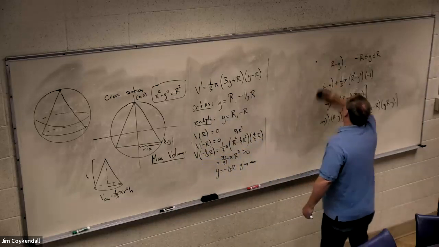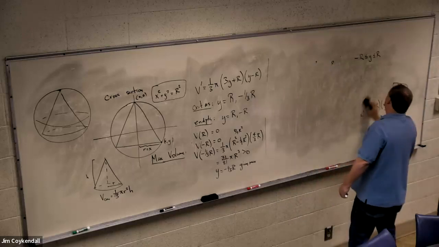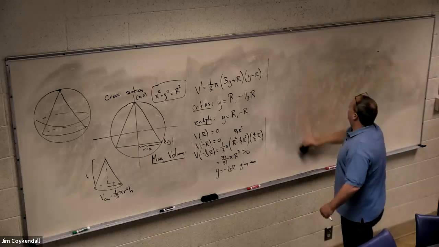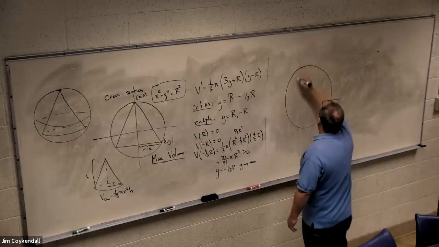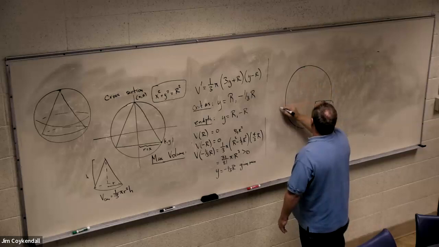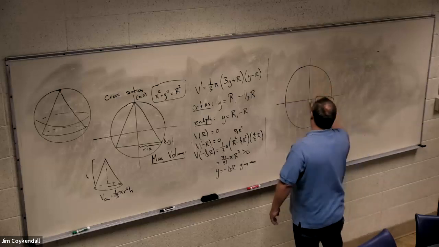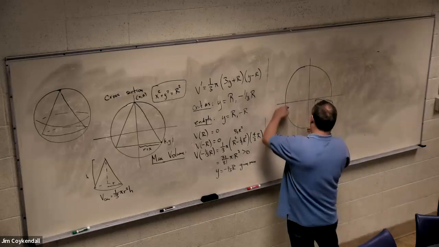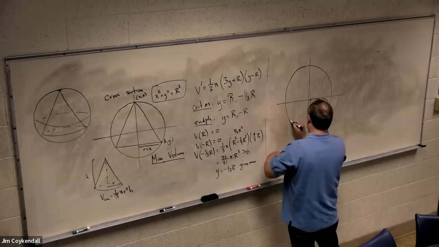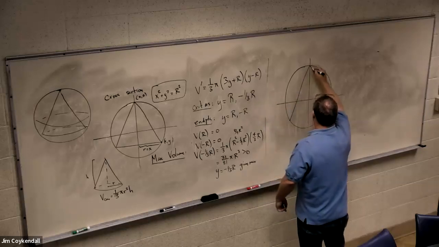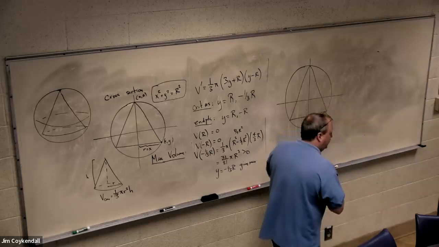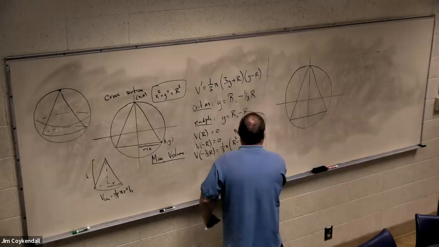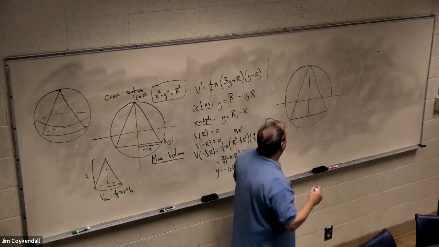And this puzzles me a little bit because of what this says here. You go down only a third of the way to get the maximum volume. The maximum area should be this triangle, which is supposed to be equal sided. This says you get the maximum volume when you don't go down quite so far.